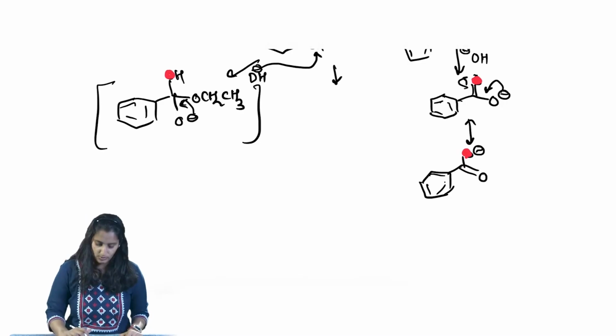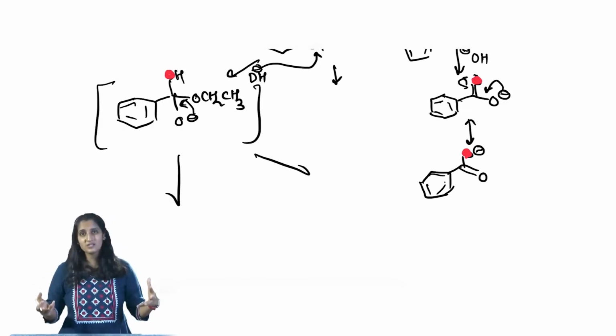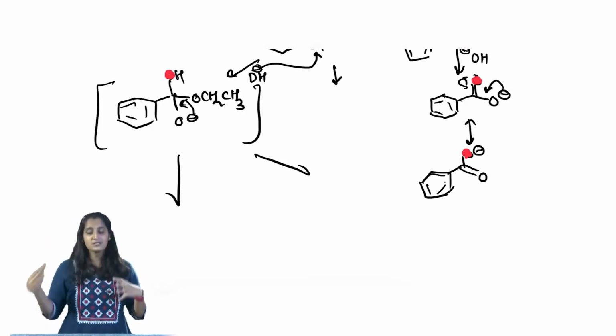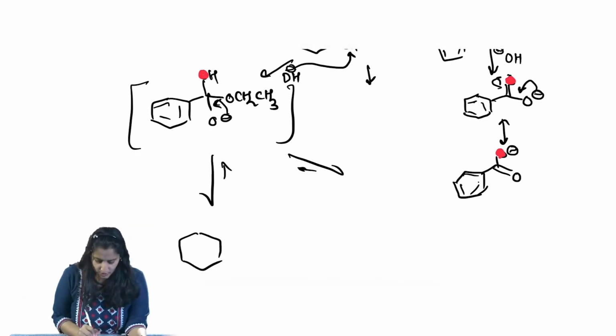So, now there are two possibilities, let me draw those two possibilities. And remember, we are only drawing one molecule, but there are so many molecules in the solution and different molecules are undergoing different pathways of this reaction. So, you are not only going to get one product, you are going to get a mixture of products at the end of this particular reaction.